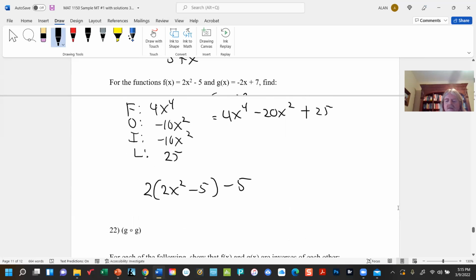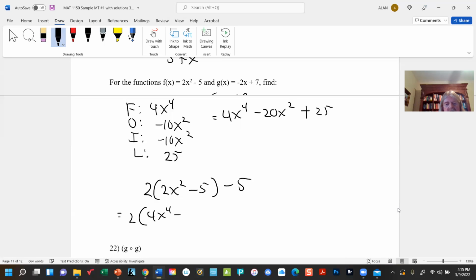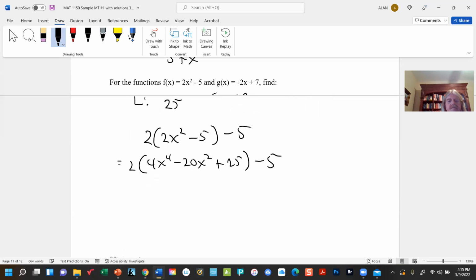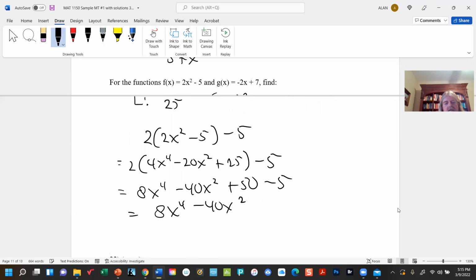Therefore, it equals 2 times 4x to the 4th minus 20x squared plus 25, minus 5. So you're going to have 8x to the 4th minus 40x squared plus 50 minus 5. And then finally, when all the dust settles, this is our final result.